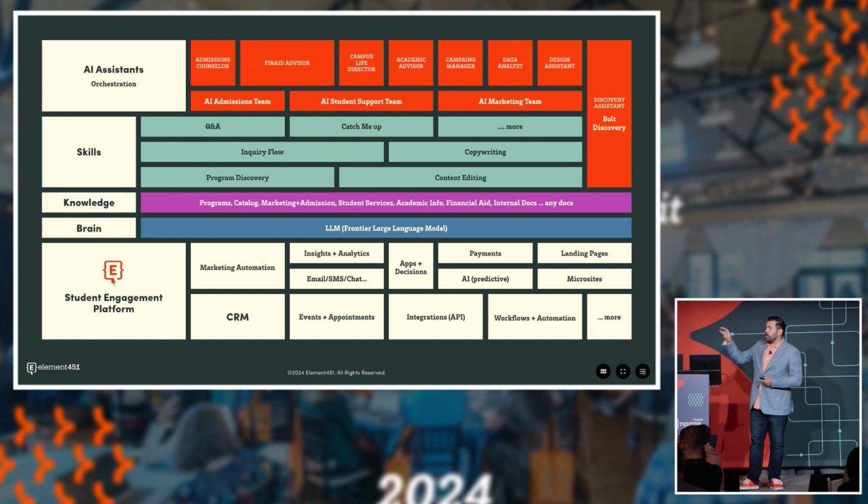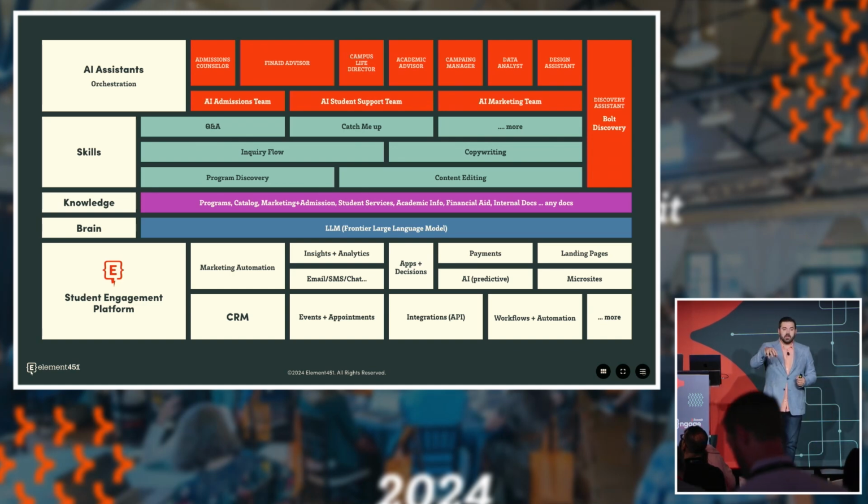So when you think about orchestration, you have a bot that is trained or has a personality and is prompted and tuned to do certain things like an admissions counselor or a financial aid advisor, but it's actually rooted in the data and everything else that's underneath. That context is always coming up from underneath.